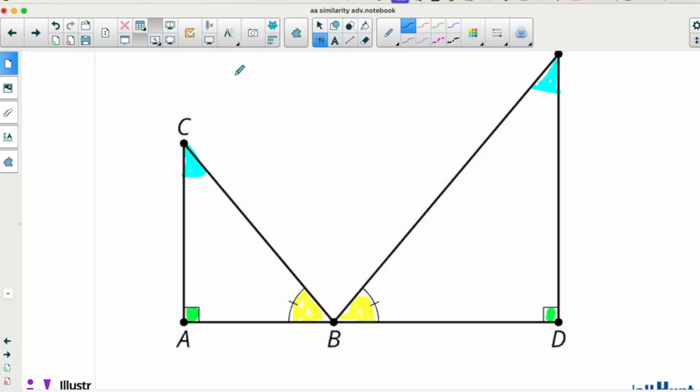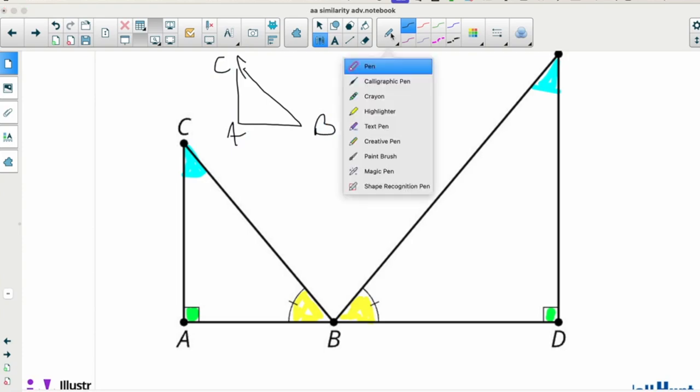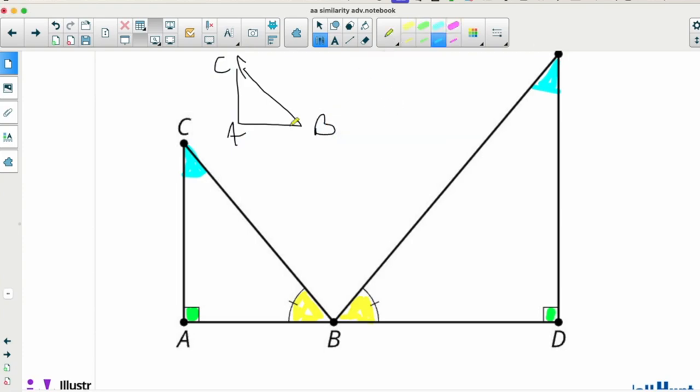And sometimes it's helpful to draw the triangle sitting in the same direction. So we have side A, side C, and side B. And if I bring out my colored pen again, I've got this angle is B, here's my right angle, and then I colored this one in blue.